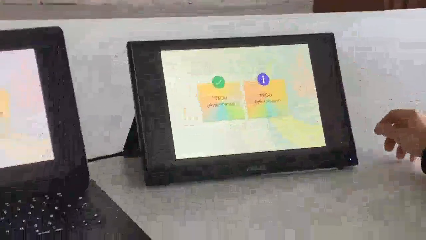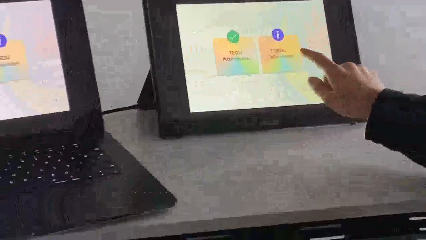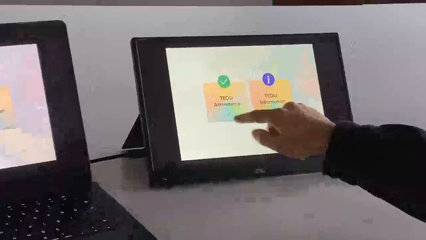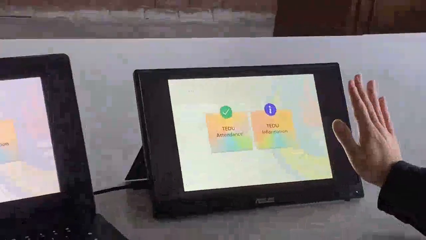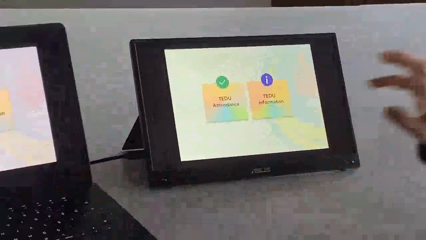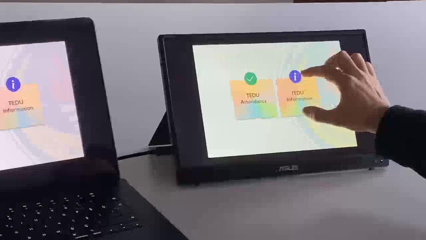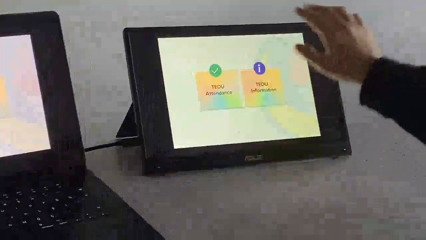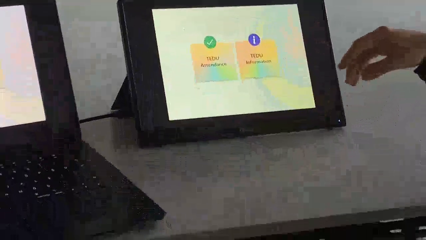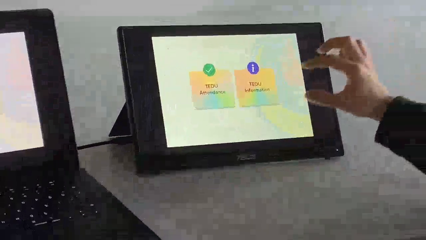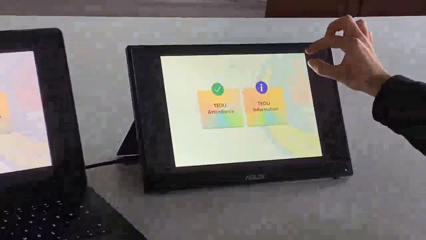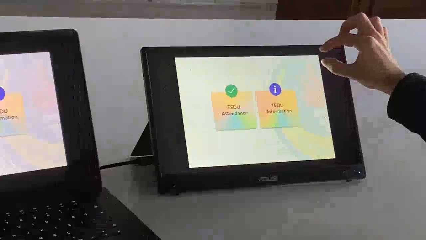While I am using only this left-hand stuff, the hierarchy, maybe make this screen just about the attendance, and the information is another little icon there.